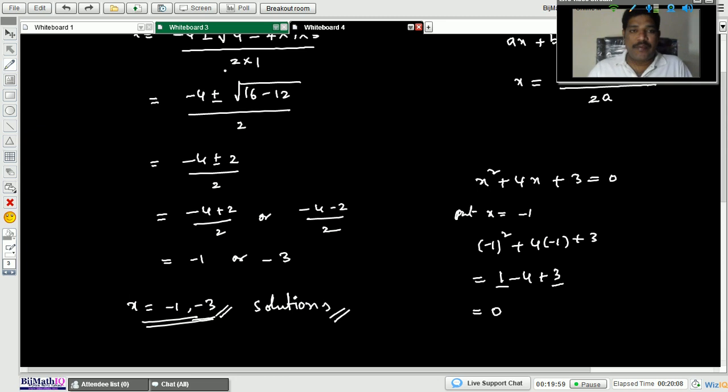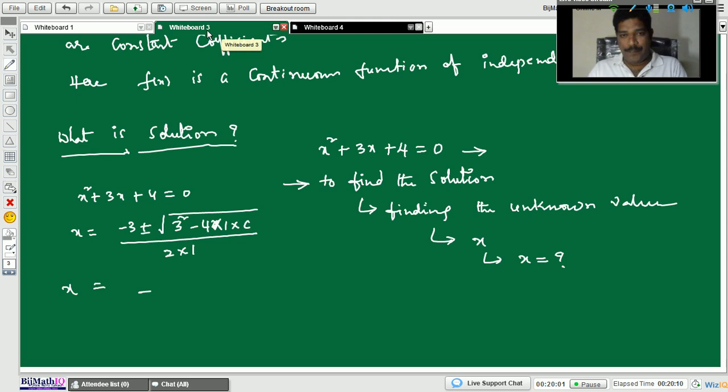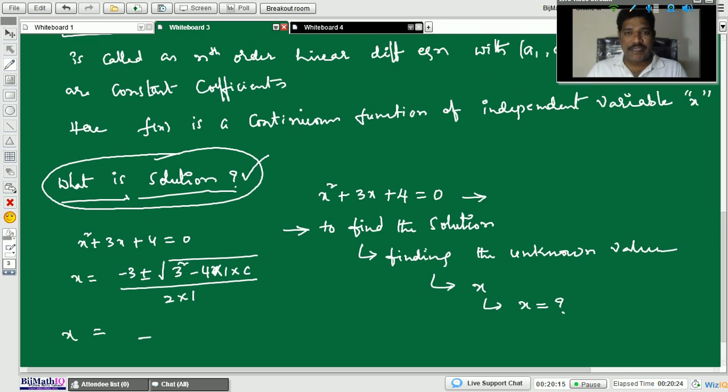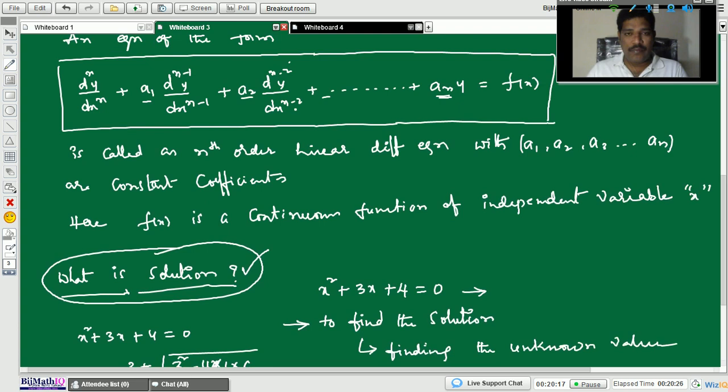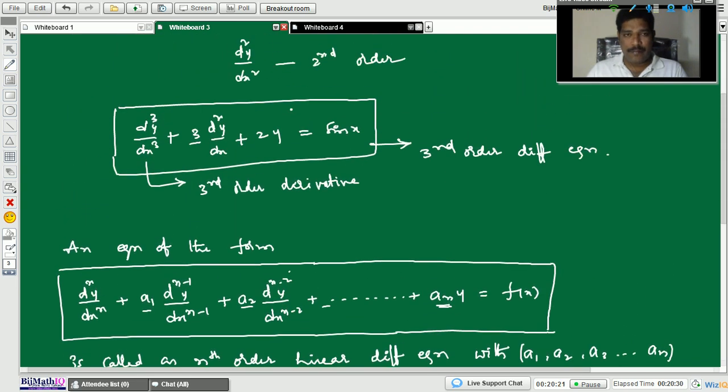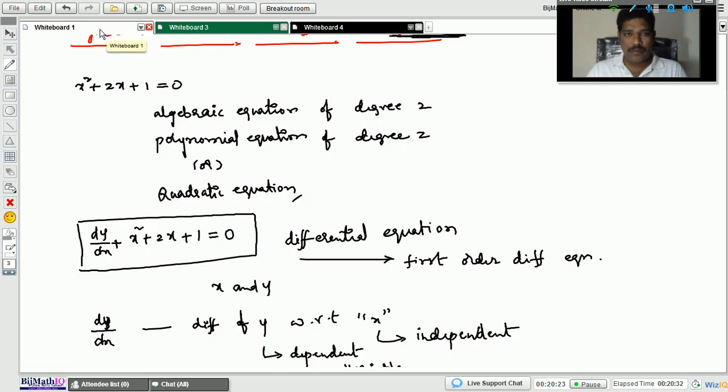In the same way, in our differential equations also, we need to find the solution. But here the solutions are not numbers, because a differential equation involves two types of variables: one is the x variable and one more is the y variable.